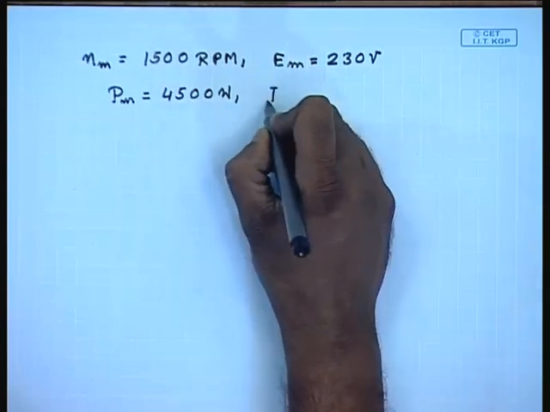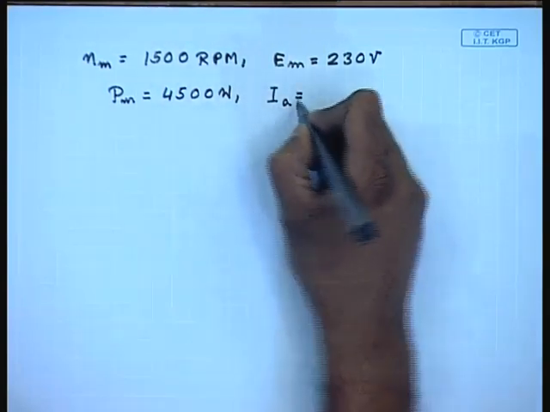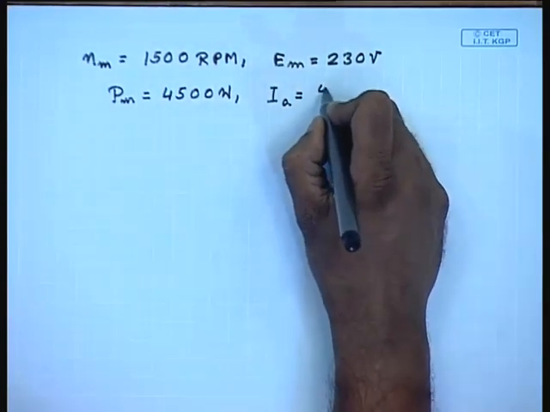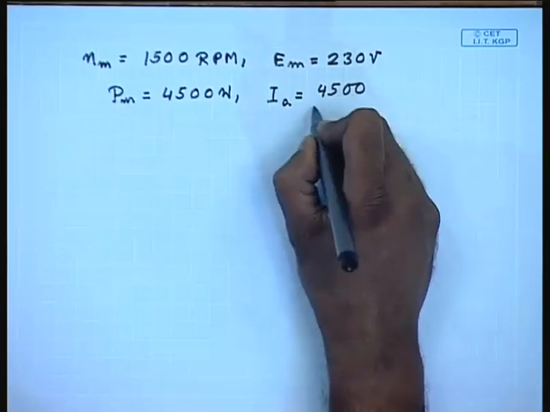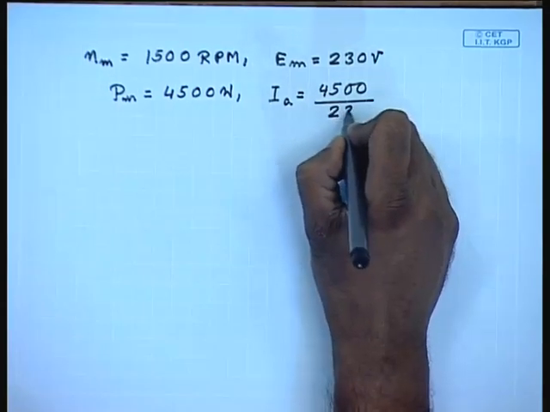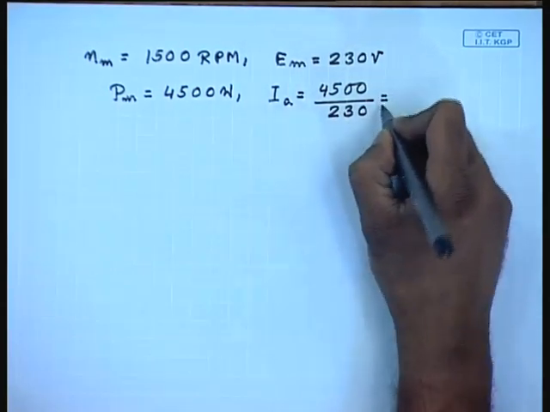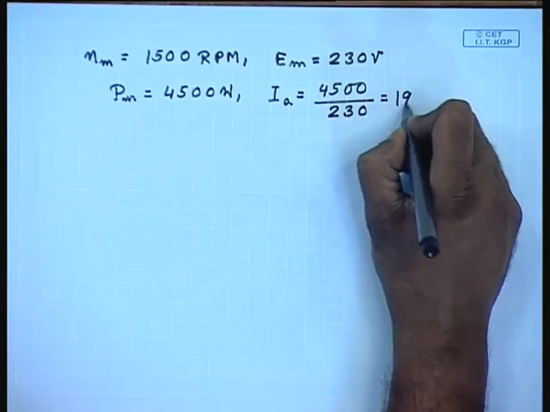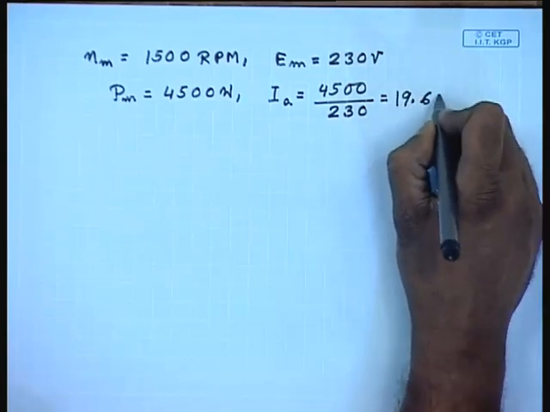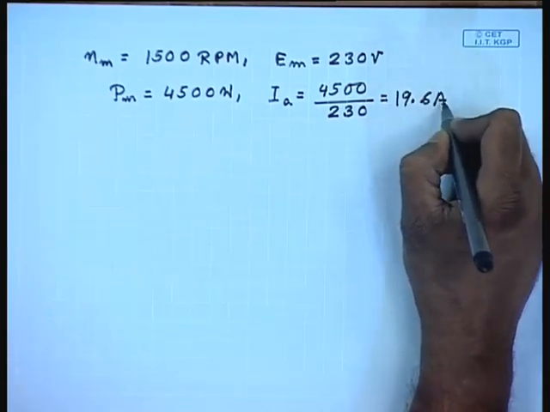So, Ia equal to 4500 by 230 equal to 19.6 amperes.